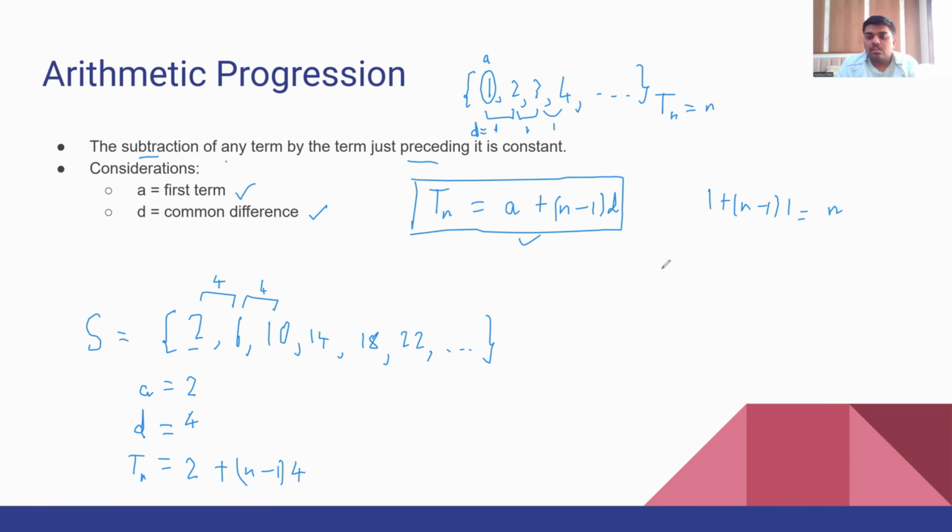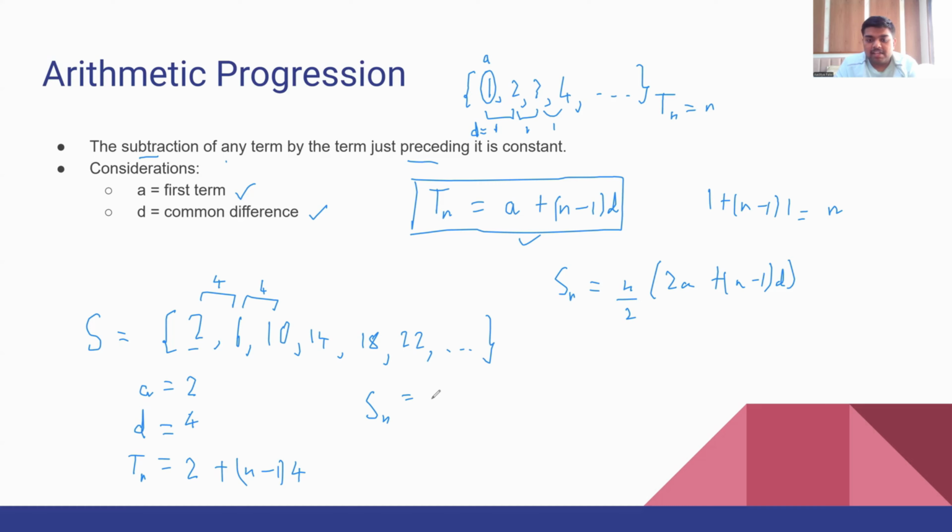Right? Now there is another formula which is for the summation of these. So Sn is denoted by n by 2 into 2a plus n minus 1 into d, right? So here, what will be the Sn for the set S?